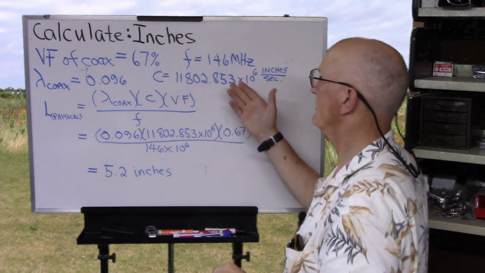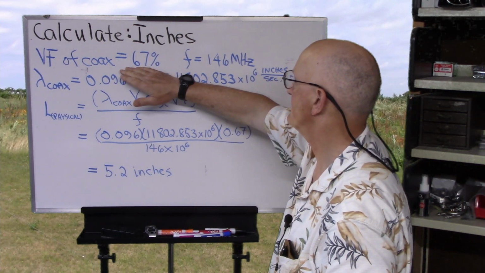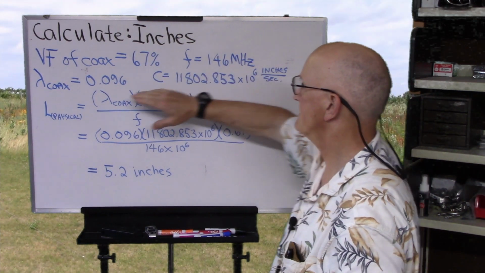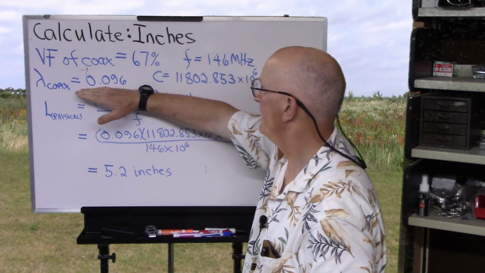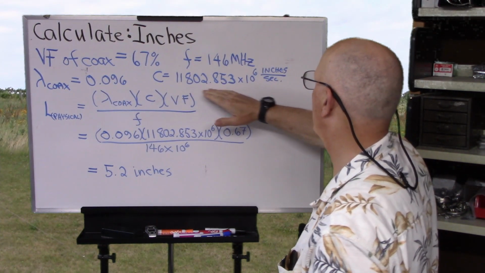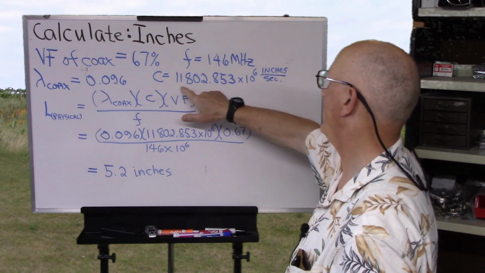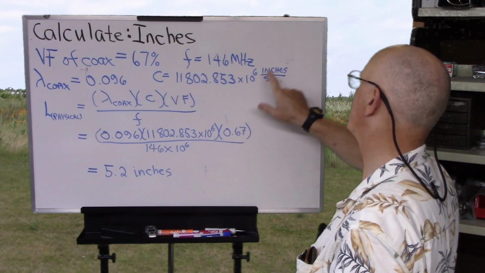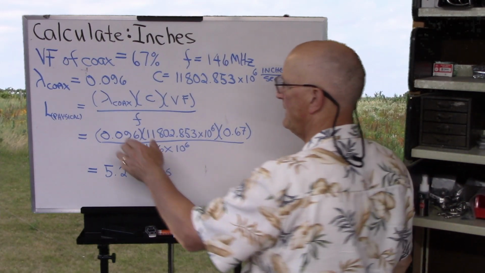And so in our particular case, we have a velocity factor of 67%, a frequency of 146 megahertz, an electrical length of 0.096 wavelengths, and the speed of light is 11,802.853 times 10 to the 6th inches per second.